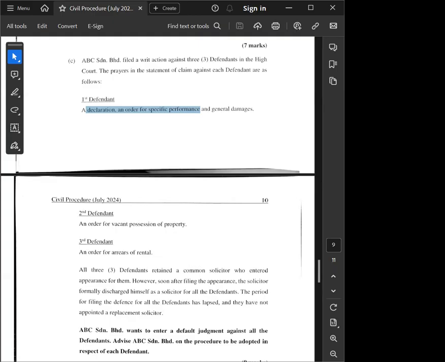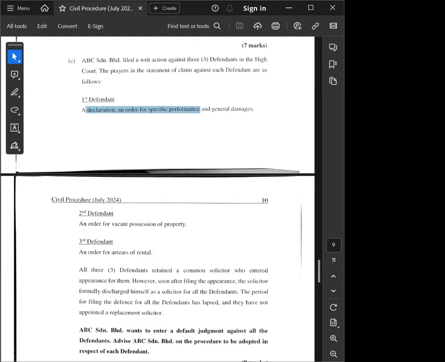Have you all seen that? You cannot claim anything not mentioned in Rule 1 to 4. What are Rules 1 to 4? Rule 1 is liquidated. Rule 2 is unliquidated. The third is detinue, which means detention of movable property.